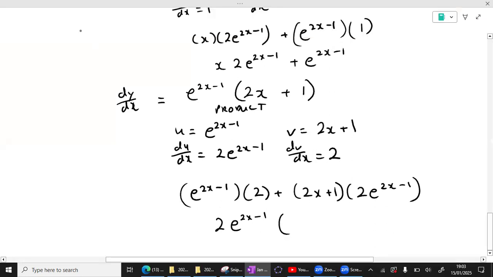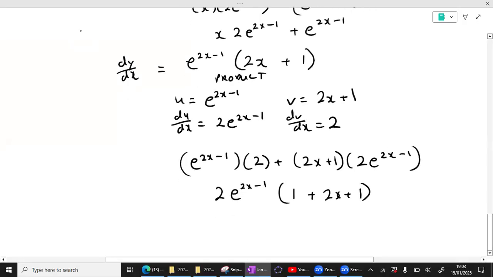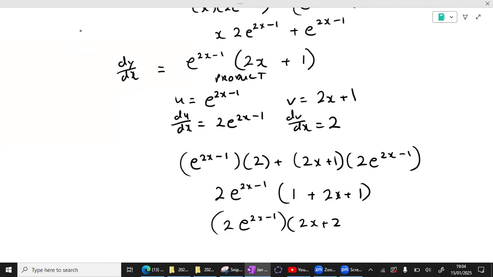When I do that, I'm left with 1 plus, and on this side, I'm left with 2x plus 1. So I end up with 2 times e to the power of 2x minus 1, and this becomes 2x plus 2.